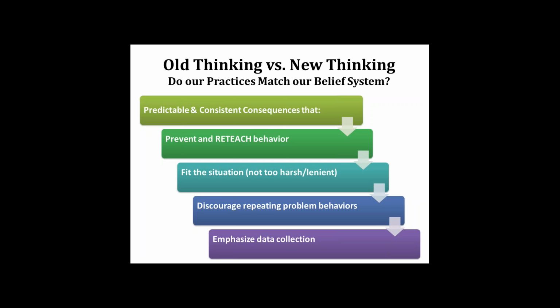And the consistency piece, that it doesn't matter if it was in Mr. Smith's class or Mrs. Johnson's class, that they both respond in the same way. We don't have mean teachers and nice teachers. Also, consequences are designed to prevent behavior from reoccurring while at the same time reteaching the behavior that we want to see.